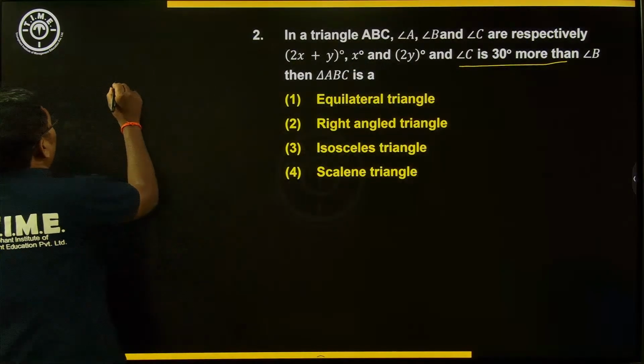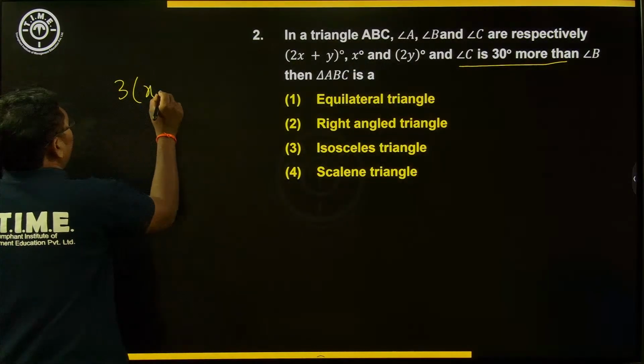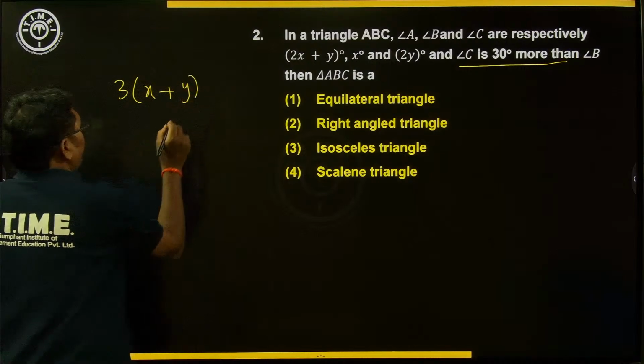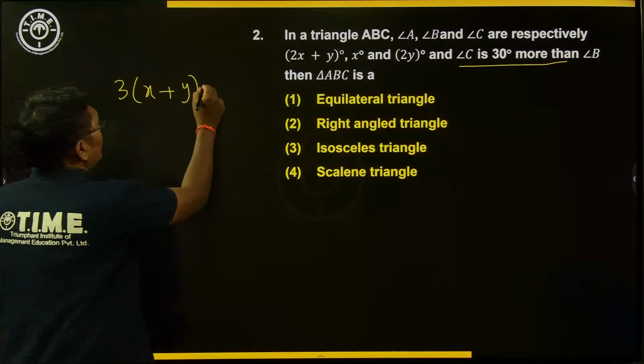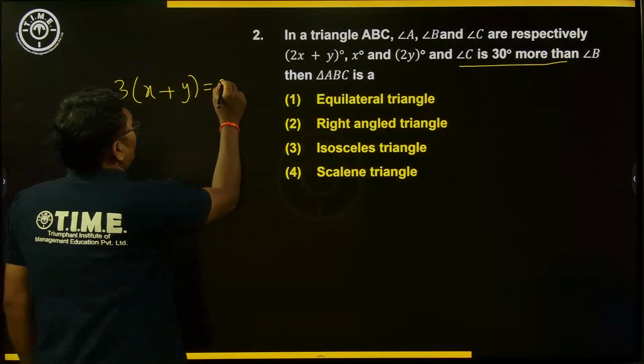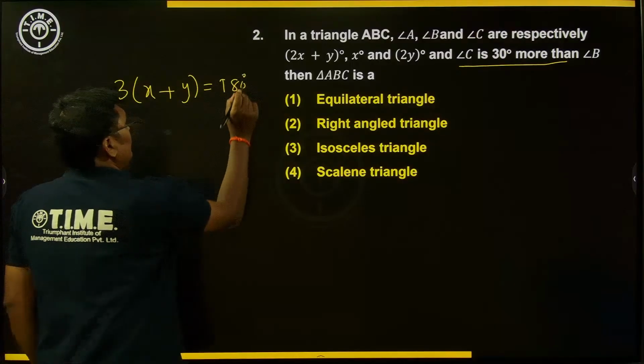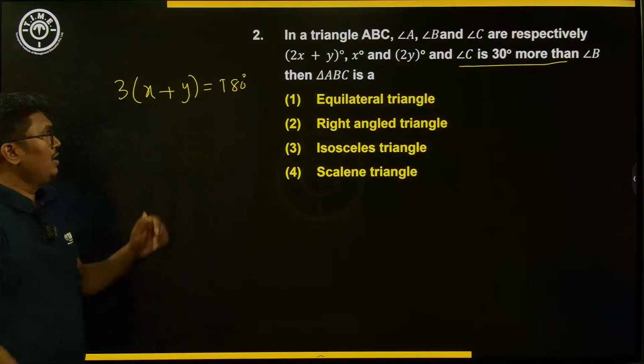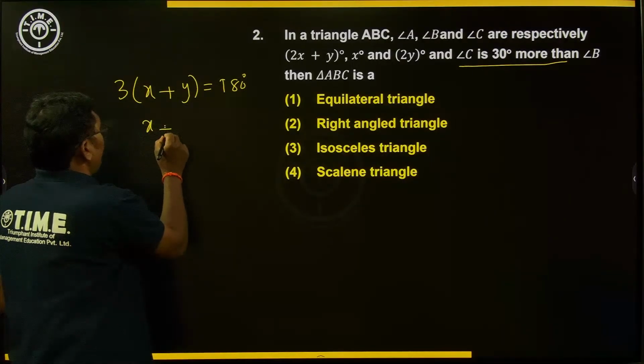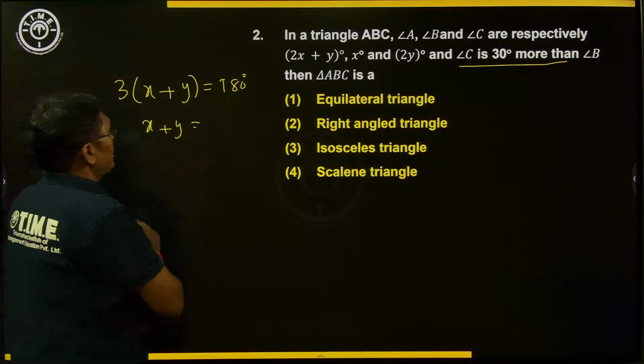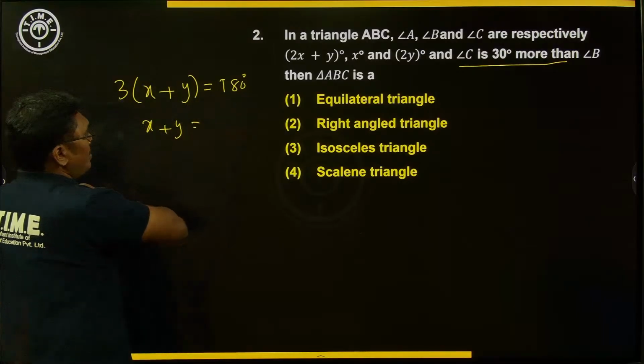So 3x plus 3y, 3 common, is equal to 180. This is the sum of the angles in a triangle. So x plus y is equal to 180 by 3.